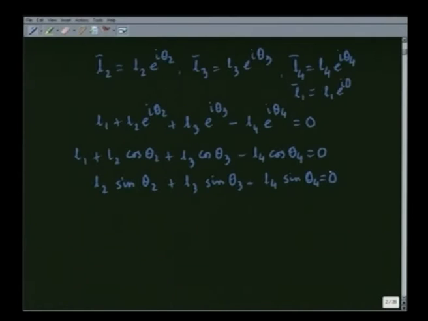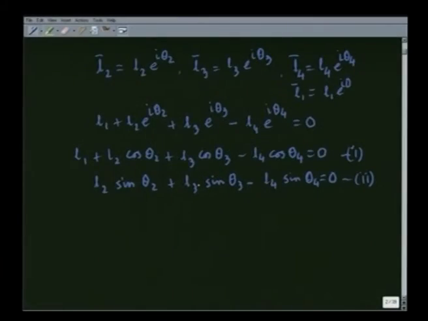Thus, because all these vectors are two dimensional vectors, from one vector equation we get two scalar equations, like equation 1 and equation 2. Each vector equation is equivalent to two scalar equations if the vectors are two dimensional.